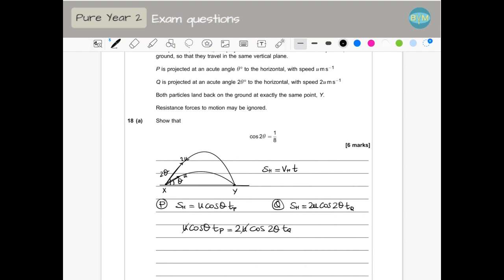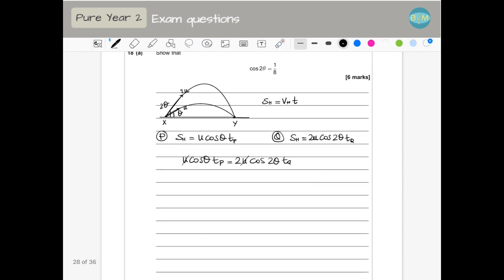We have to eliminate somehow the times and this cos theta. So what we can do is consider now the vertical motion. If we consider the vertical motion for P, I'm going to use the left hand side for P again.